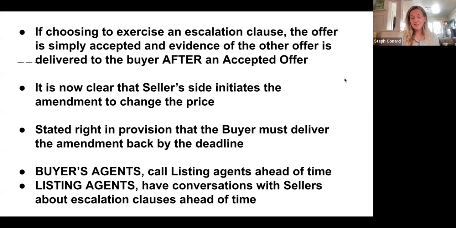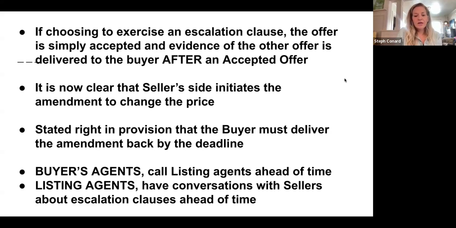It was just listing agents were having a tough time with how to explain it. And I think it's a lot more commonplace now. But still, I would definitely make the ask of a listing agent, is this something that would even be entertained?